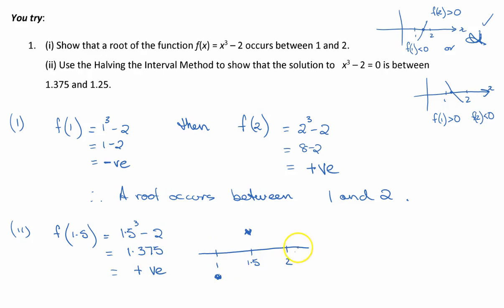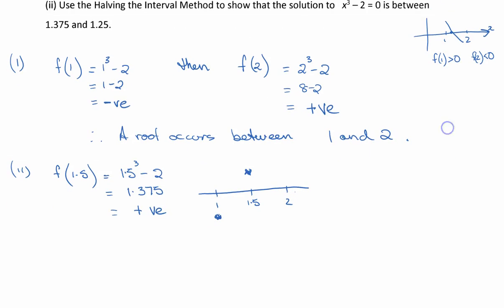So, just zooming in on this part of the graph now, between 1 and 2, we've got 1.5, and what we've established here in this really simple calculation is that at 1.5 we are above the axis. So what do we know? We know that there must be a root somewhere now between 1 and 1.5.